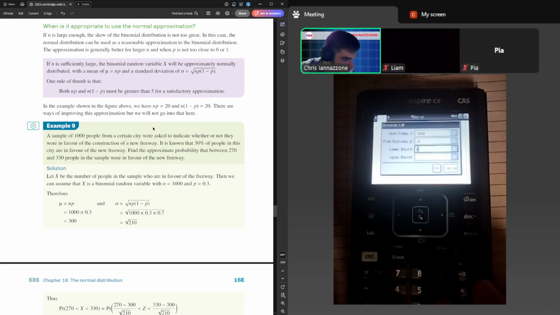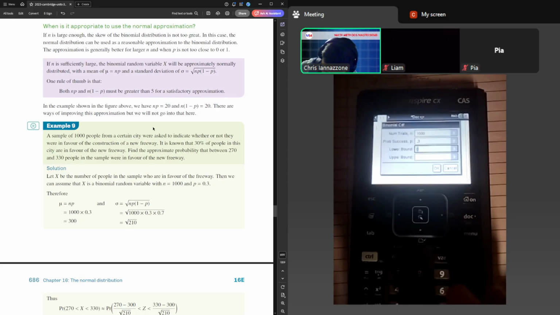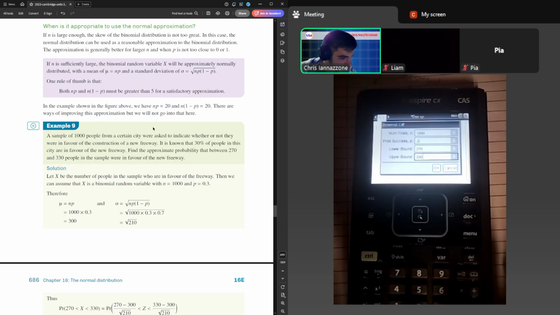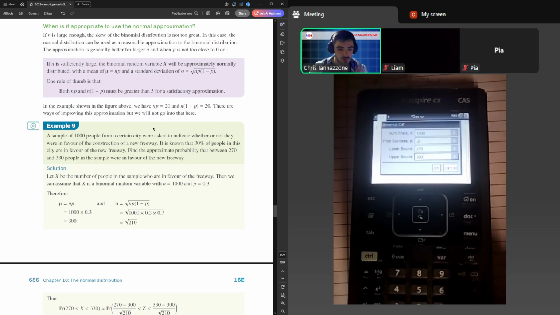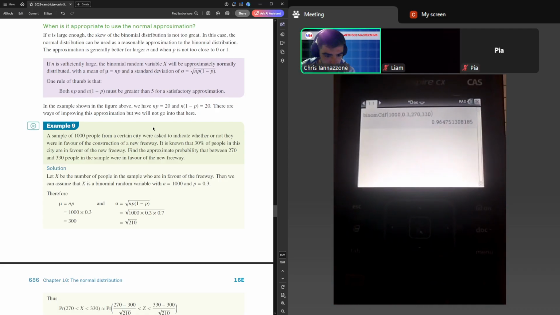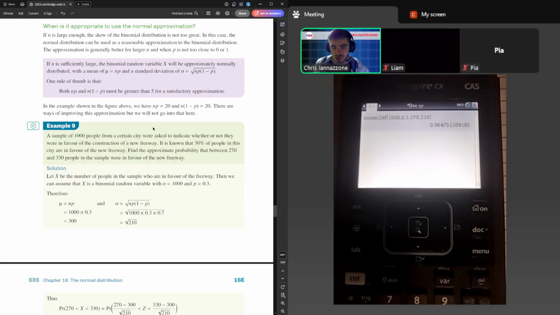Probability of success 0.3, and we're doing 270 to 330 because that's the domain of values we were told to solve between. And we can see that there's a roughly 96% chance that anywhere between 270 to 330 people are going to be in favor of a new freeway. That's the binomial way of calculating it.